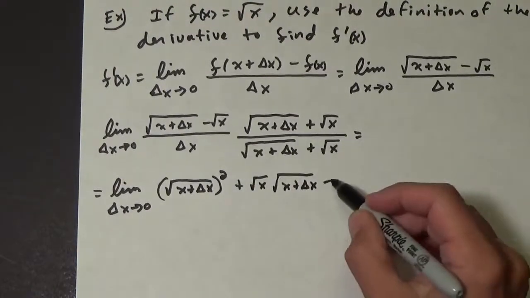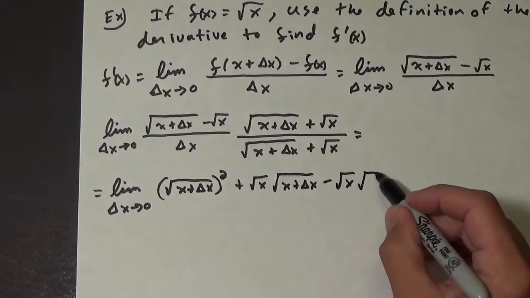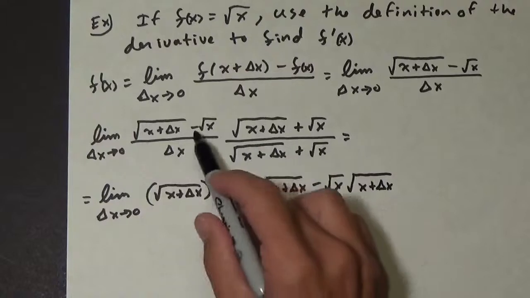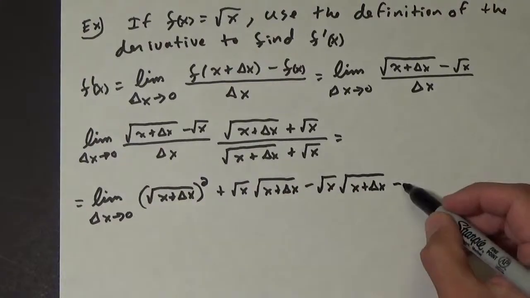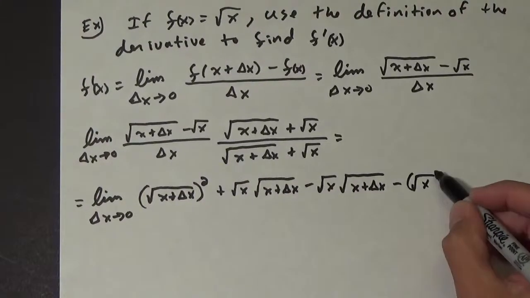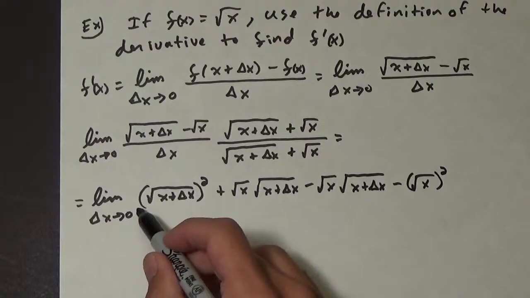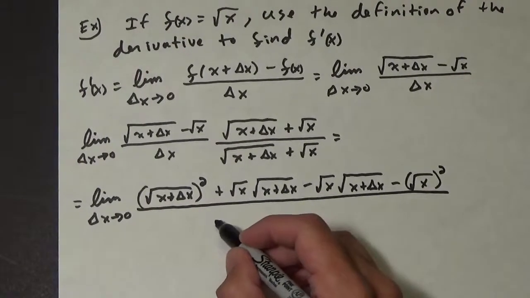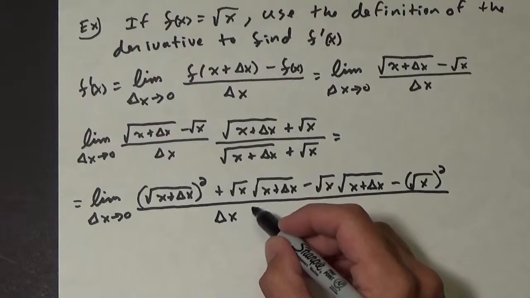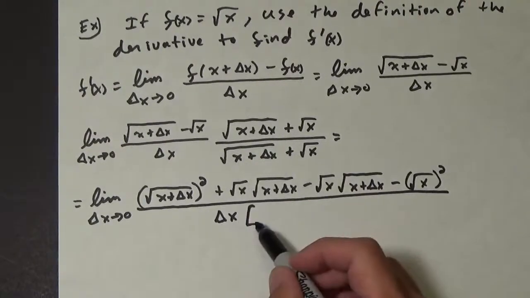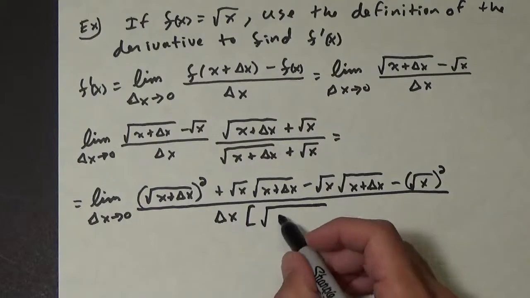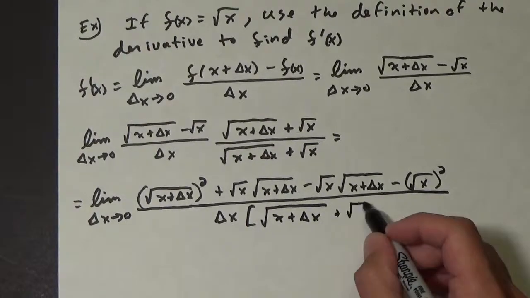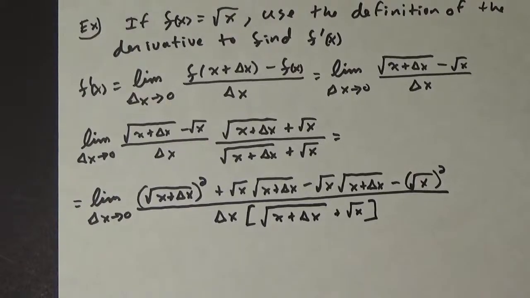This times this becomes minus the square root of x times the square root of x plus delta x. And then this times this becomes minus square root of x squared. And this is all over delta x times, and I'm just not going to distribute that, the square root of x plus delta x plus the square root of x.